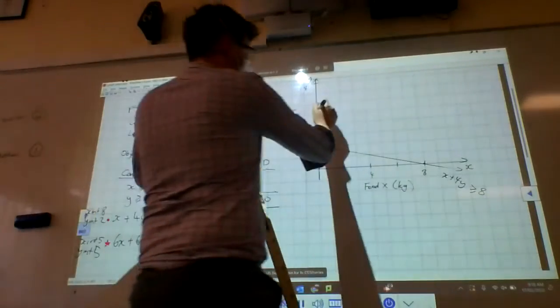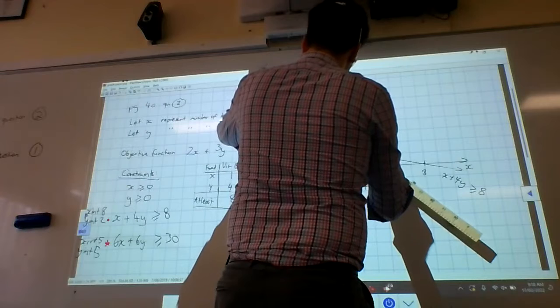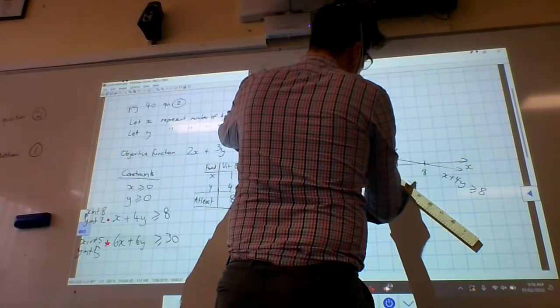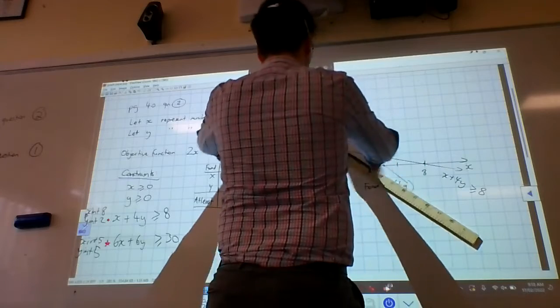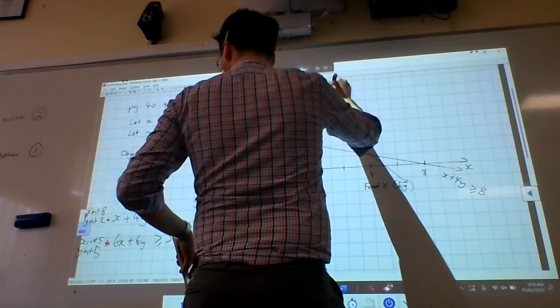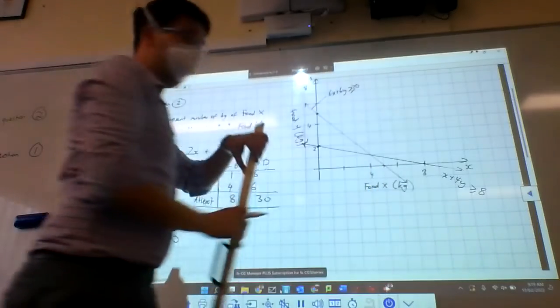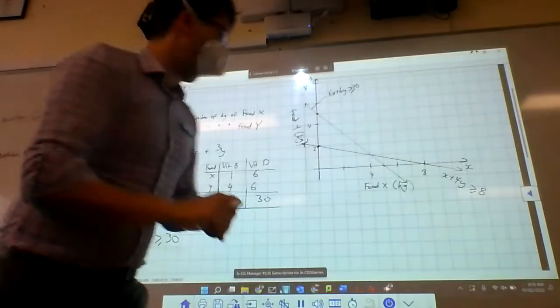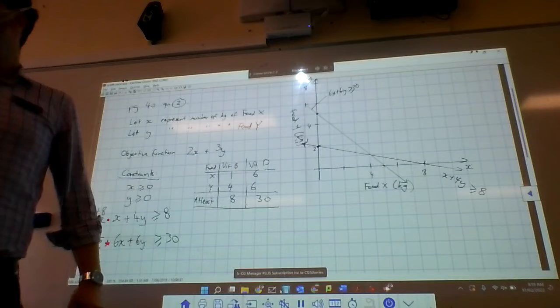And 5 and 5. That is. Okay. And normally we then shade the feasible region.